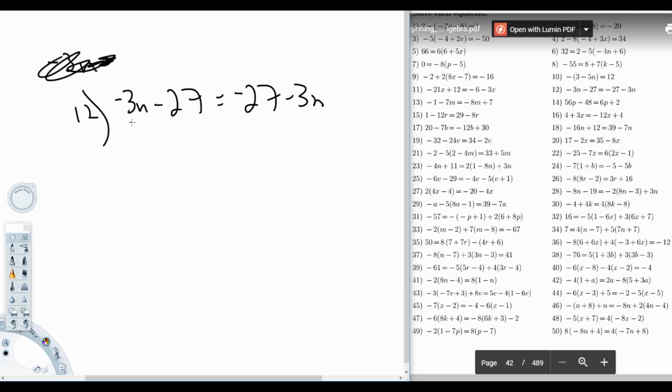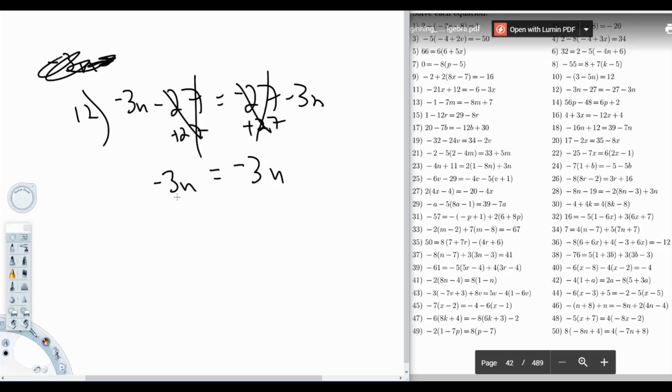All right, so once again, this looks like a trick question. If I were to put all the positives on one side, I'd go plus 27 here, plus 27 here, and I get minus 3n, this crosses out, equals minus 3n.